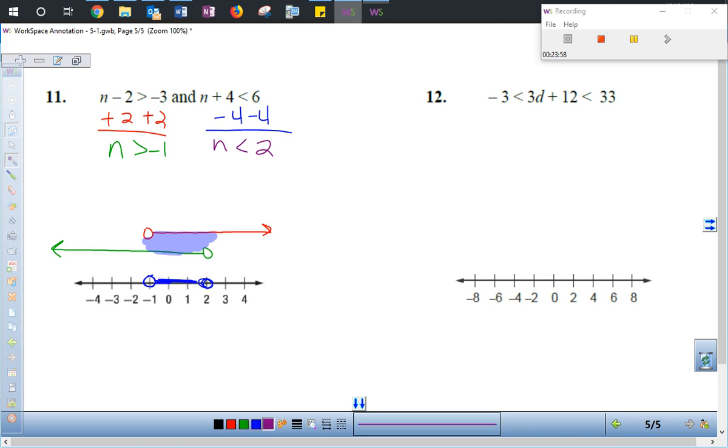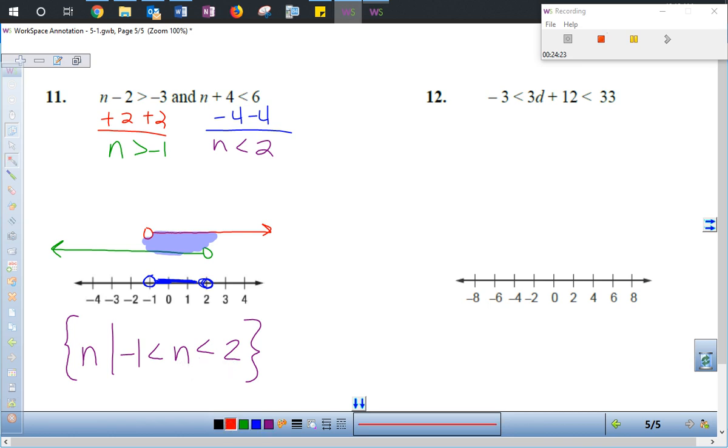Now we write it in set builder notation. So the set of all n's such that smallest number is negative 1, biggest number is 2, variable in the middle, symbols point left, and since they're both open dots, they're both just less than. So the set of all n's such that n is greater than negative 1 and n is less than 2.